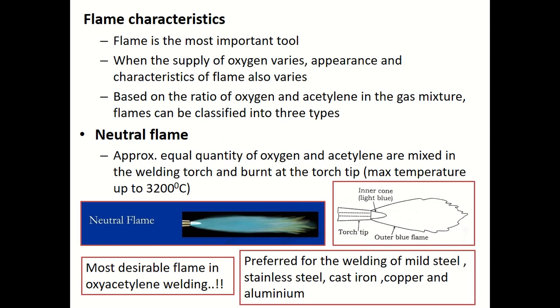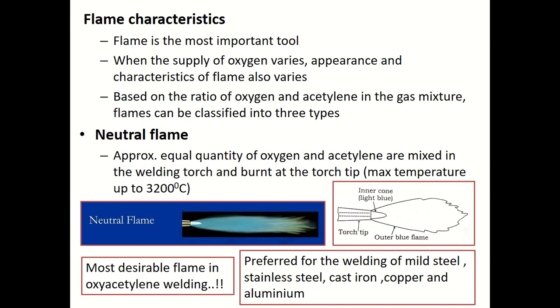Now let's look into the flame characteristics of oxyacetylene welding. Here, the flame is the most important tool. You know well that a certain amount of oxygen is required for combustion to take place.